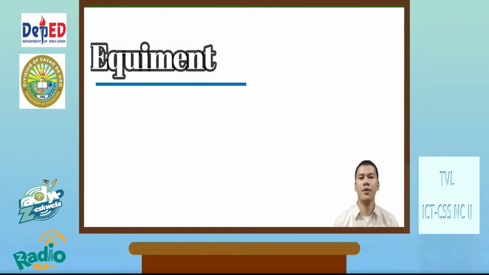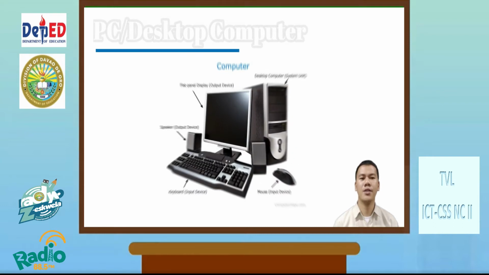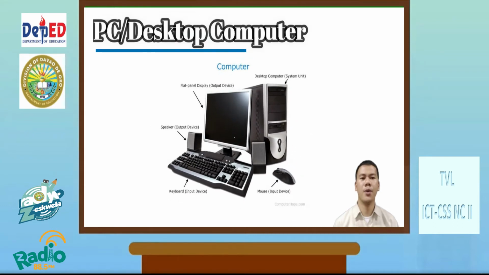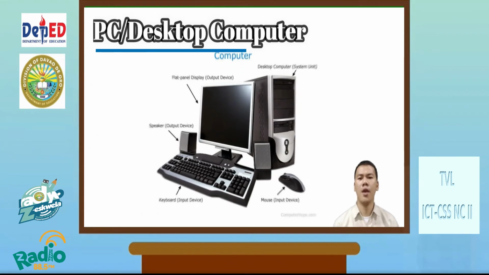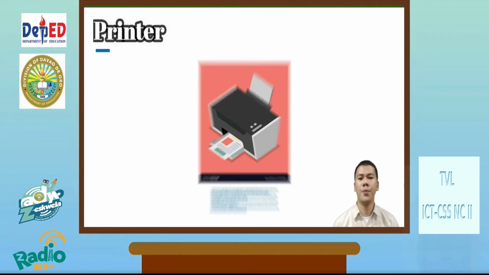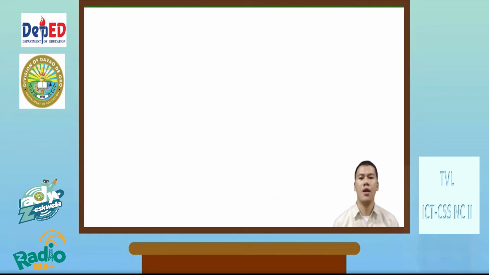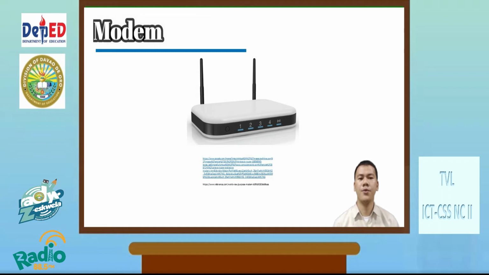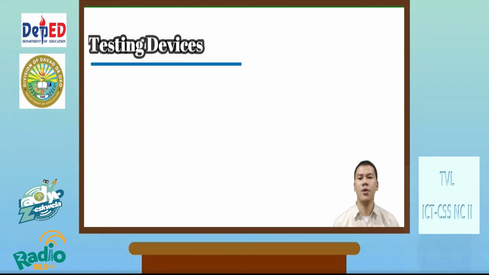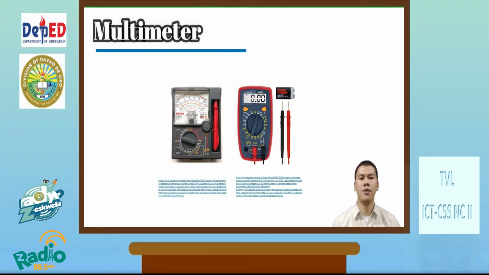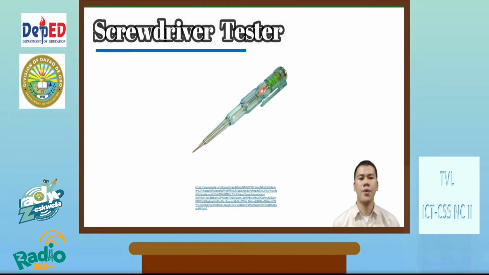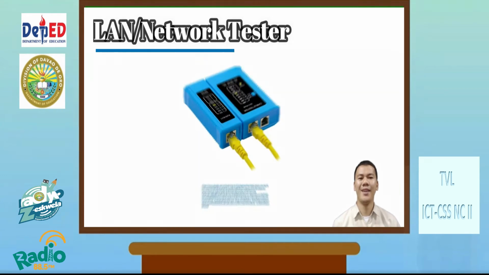For equipment, we have sets of PC or the desktop computer, like the monitor, system unit, the mouse, and the keyboard. We have the printer and the modem. For testing devices, we have multimeter, a screwdriver tester, and LAN tester.